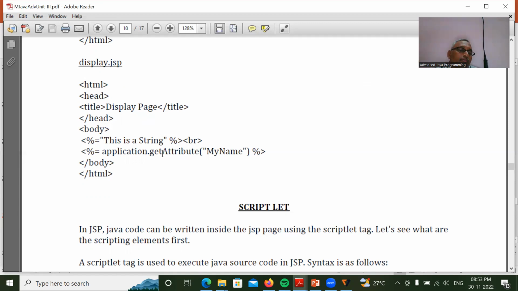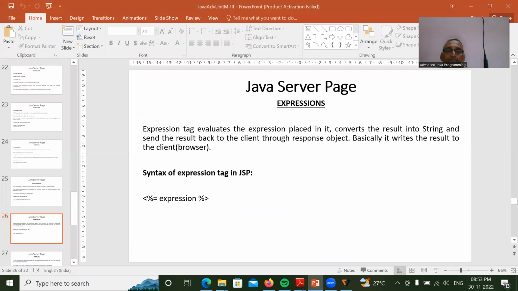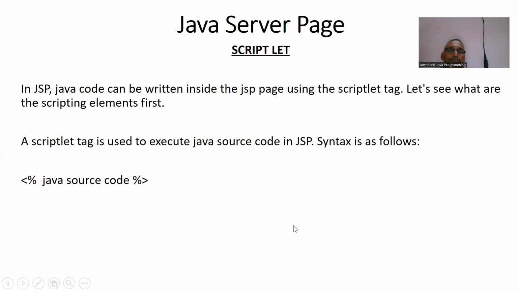Next thing, scriptlet. In JSP, Java code can be written inside the JSP using the scriptlet tag. Let's see what the scripting elements are first. A scripting tag is used to execute Java source code in JSP.